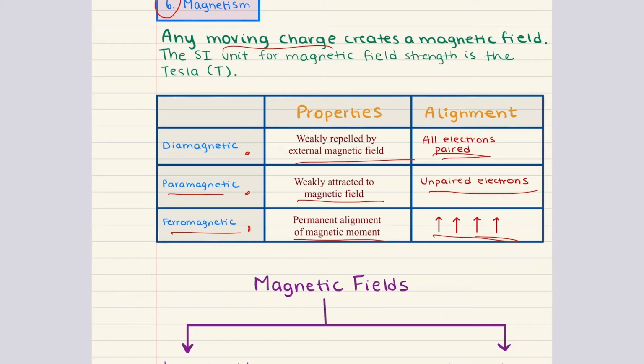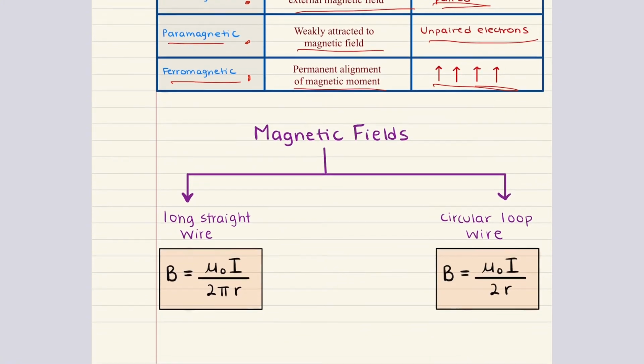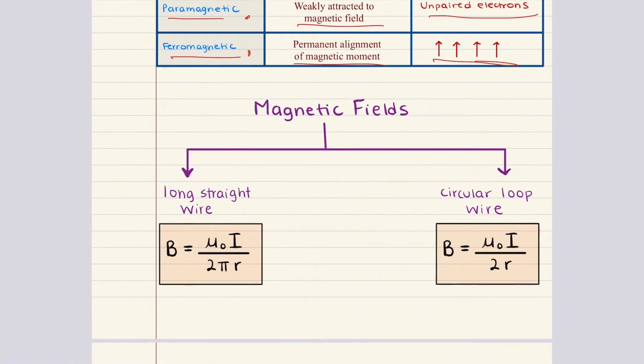This results in a permanent alignment of the magnetic moment, and the material retains its magnetism even after the external field is removed. Common examples of ferromagnetic materials include iron, cobalt, and nickel, which can be magnetized to create permanent magnets.